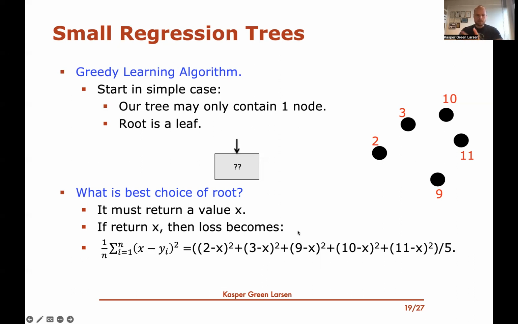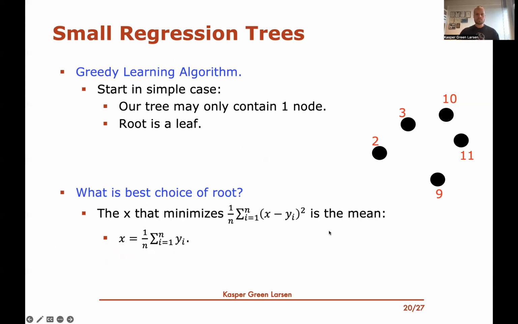If I just have a root, I should of course choose the value x that minimizes this loss, so I want to choose x to minimize this sum of squared differences. What is the value that minimizes it?